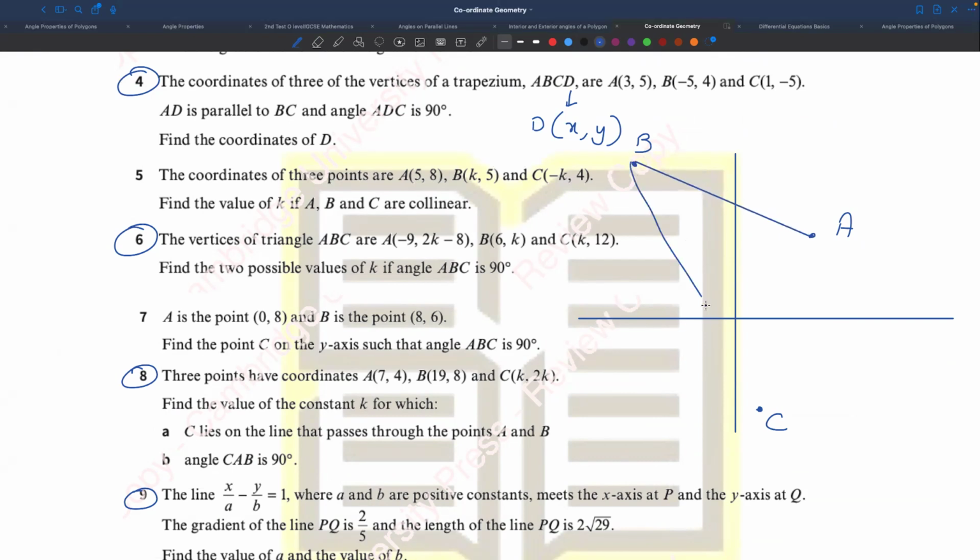It's a trapezium, right? A trapezium has two sides parallel, and which are parallel over here? AD and BC. So D should be somewhere over here like this. Let's say it will be like this. Look.